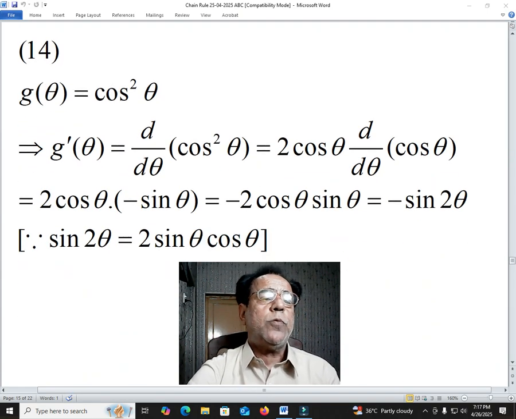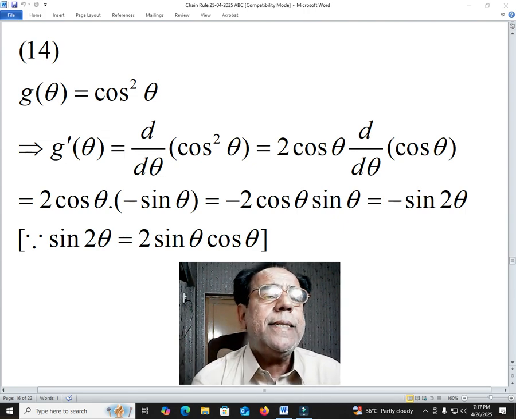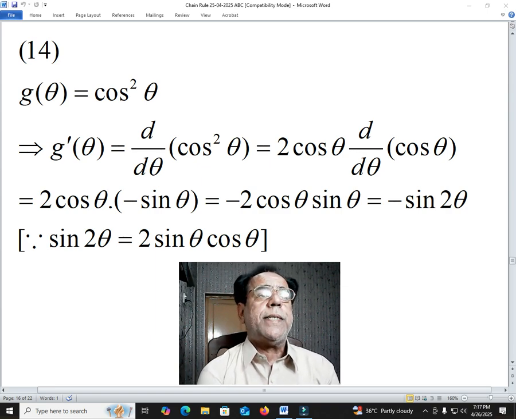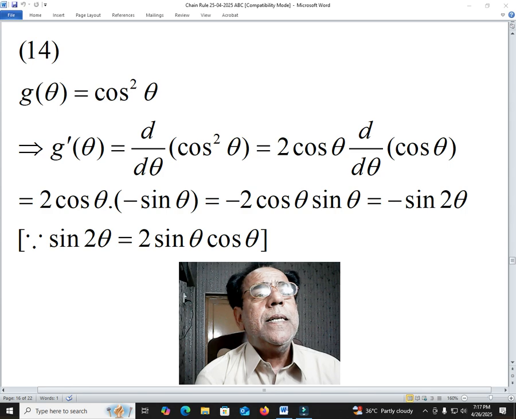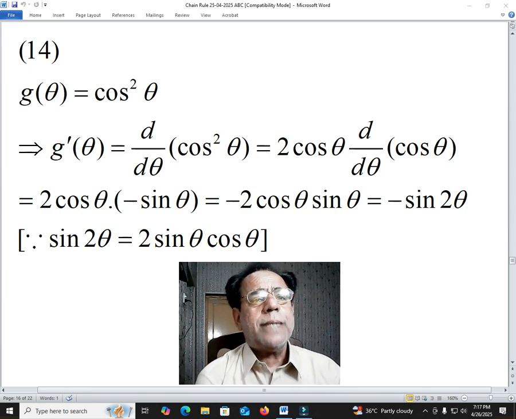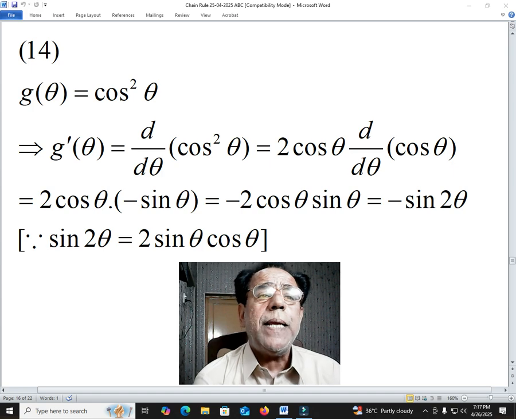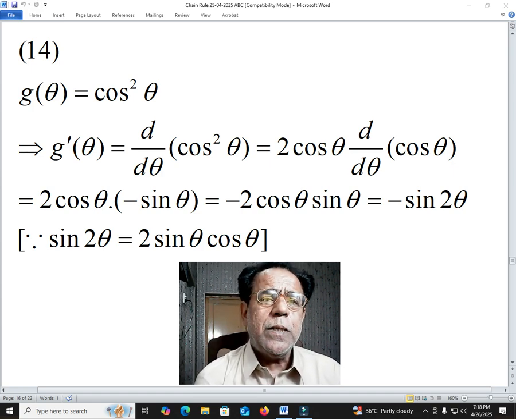Now problem number 14. G theta is equal to cos square theta, G dash theta equal to d over d theta into cos square theta. Here G is a function of theta, so G dash will be d over d theta cos square theta. So okay, now we are going to apply chain rule together with the power rule.